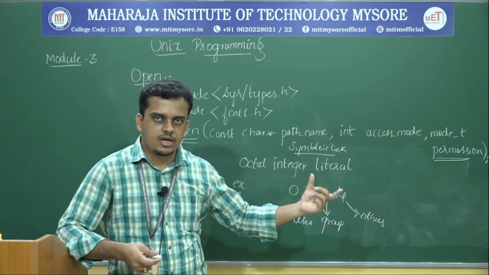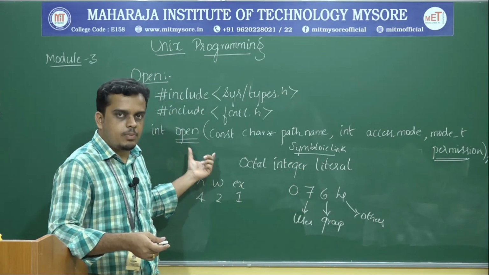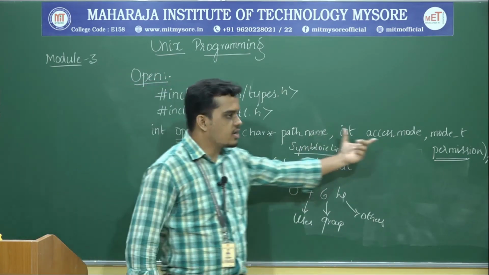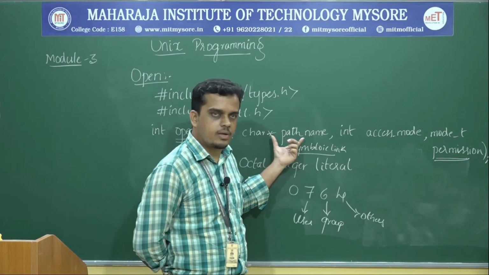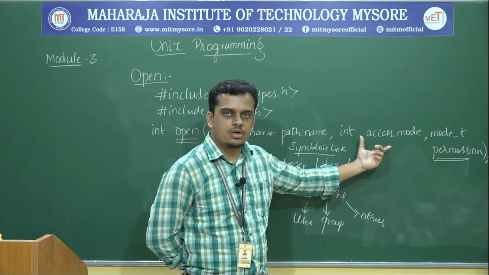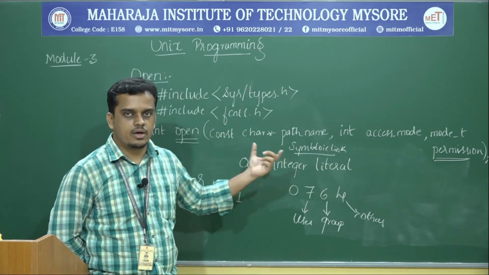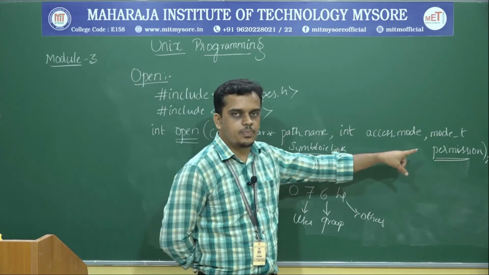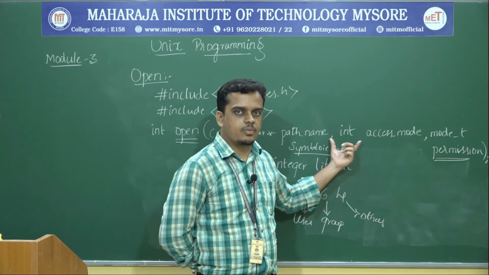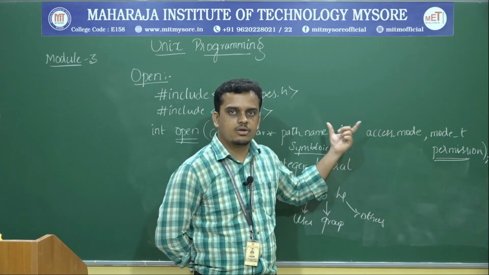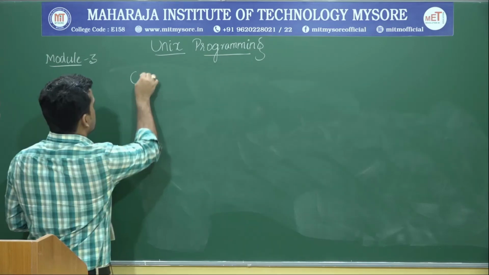That is done with the help of an API called open API, which is capable of taking 3 different arguments. The very first one is the file name or the file path name. The second is an access mode, which determines in which particular mode the file needs to be accessed, and the last one is a permission that is used only when the second argument is given with an O_CREAT access modifier flag. Clear?